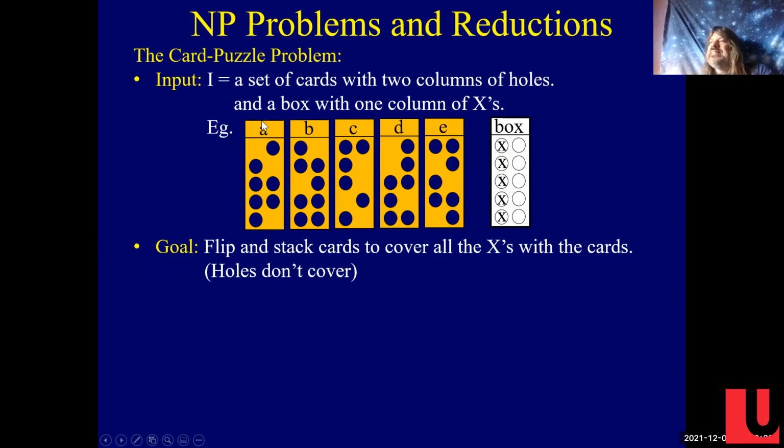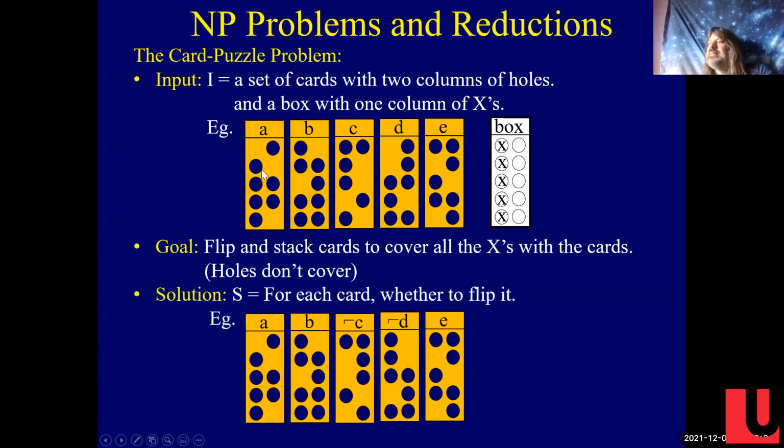Well, the goal is to take each card, let's see here, and we flip some of them, all right? Here, A, you see I didn't flip A. But C, how did I get card C? I flipped it over, right? So on the front of the card is written C, and on the back of the card is written not C, right?